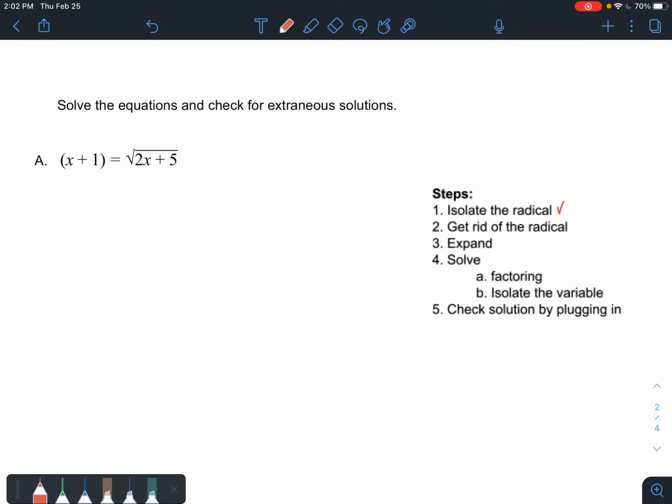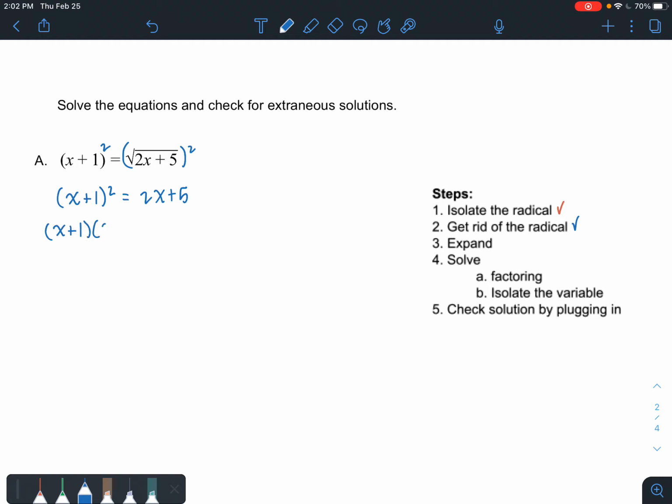I'm going to isolate my radical. That's done. This is by itself. Then I'm going to square both sides. So I have x plus 1 squared equals 2x plus 5. So we got rid of the radical. And then we're going to expand.